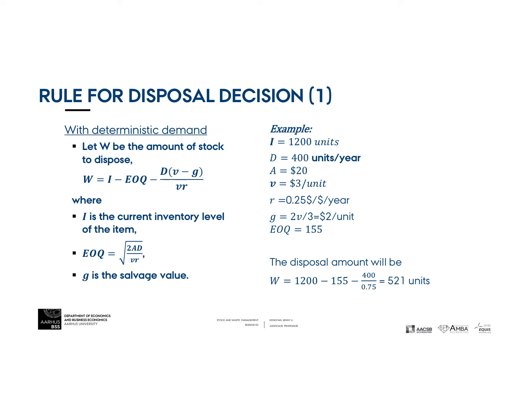Then we have two different rules. The first rule is for disposal decisions when you have a deterministic demand. So here we know the demand for sure. We skip the mathematical derivation part. The idea is to reduce the excess inventory so that you can reduce the waste.